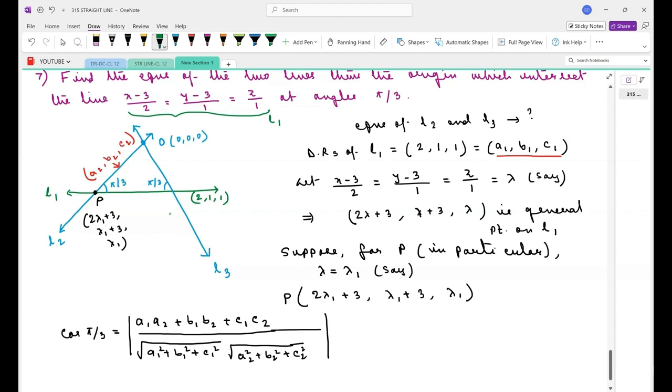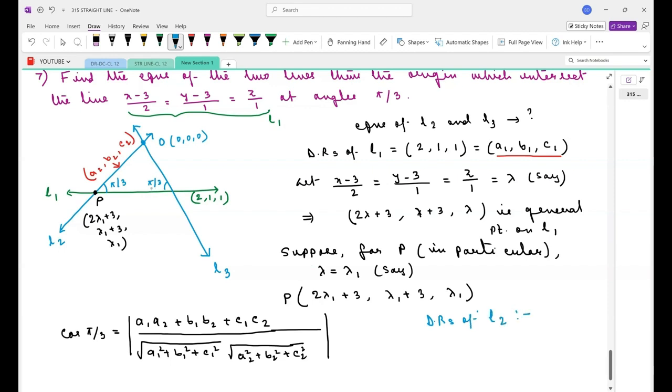So in order to substitute the values, we need to find A2, B2, C2. So let's do that here. How do I find the drs of L2? We know that if 2 points are given on a line, as we have done in the dr portion, then take the difference of the coordinates to get the drs. So I'm doing it here, the drs of L2.